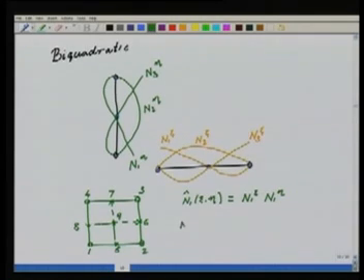Similarly, n2 hat, it lies on the third node of the psi side and the first node of the eta side, so it will become n3 psi into n1 eta.